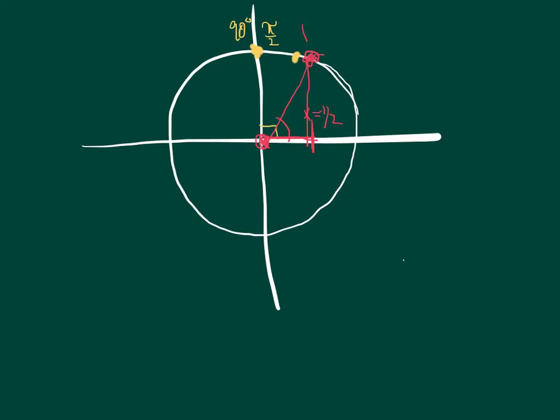From now on, if somebody says, hey, draw 60 degrees, you start at halfway between the center and the circle. You know that that's 1/2. You draw the radius of the circle, and then you connect the line between 1/2 and the top of the circle, and this is now a 30, 60, 90 right triangle.